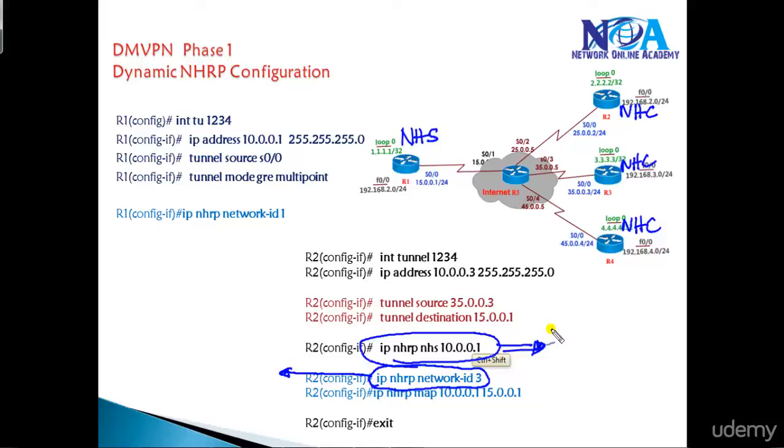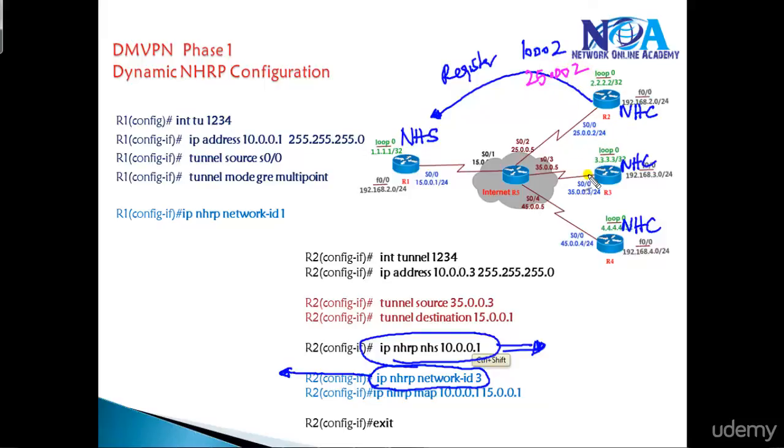Once you do this, the spokes have to register their own NBMA address and tunnel IP address with the server, which means the clients have to send a registration request. These are the register messages sent by the client to the server, saying that this is my tunnel IP address. My tunnel IP address is 10.0.0.2 and my NBMA address is 25.0.0.2.